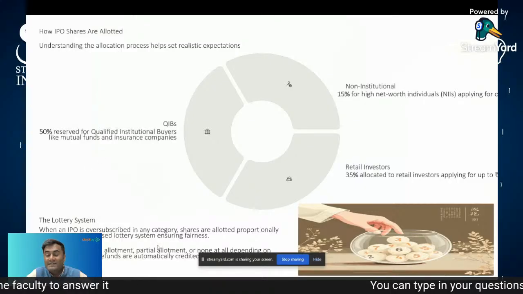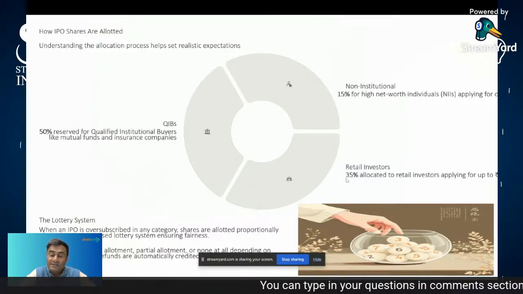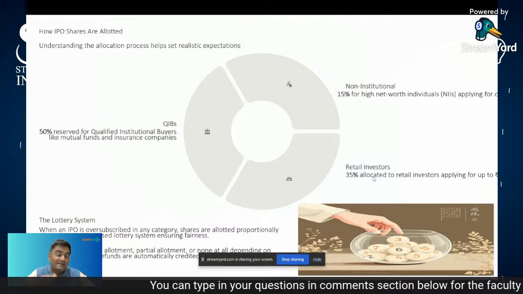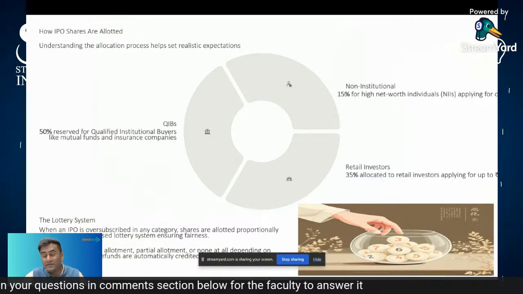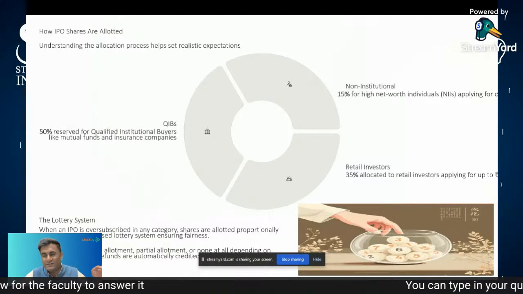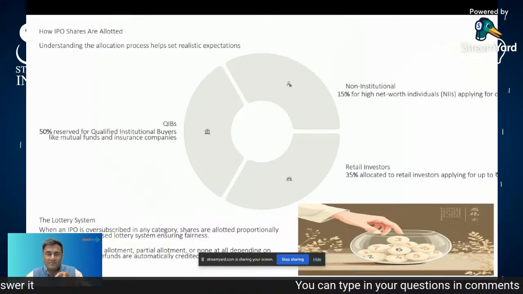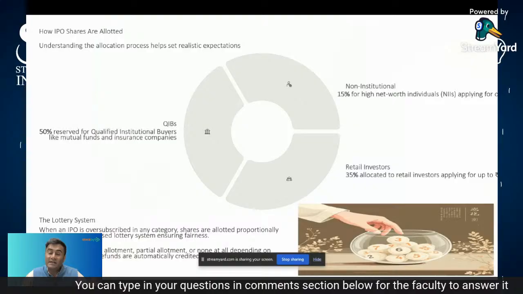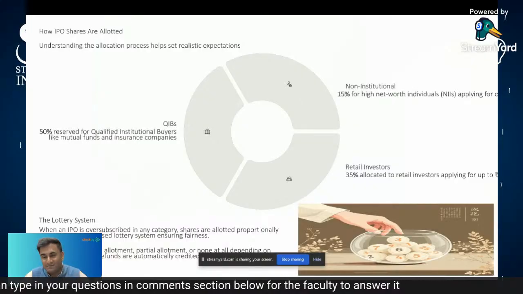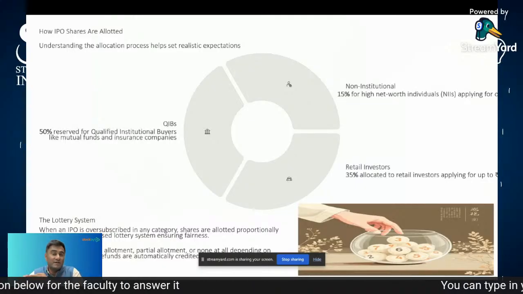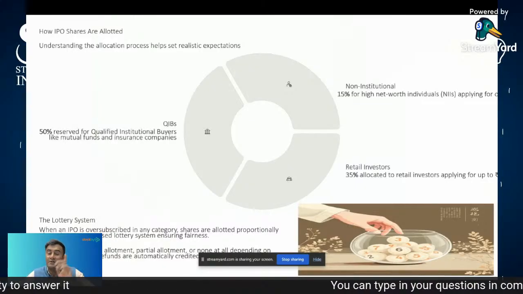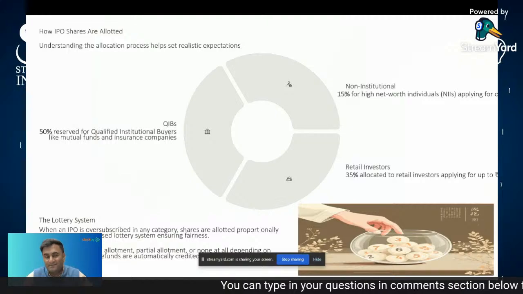Now, one thing I can say about the retail investor allocation is that 35% is the maximum, and only companies which have posted continuous 3 years of profits, the years being those before the IPO, can offer 35% to the retail investor. If a company has not posted continuous 3 years of profit, then the retail allocation is limited to 10%.